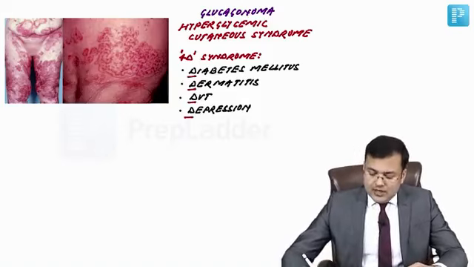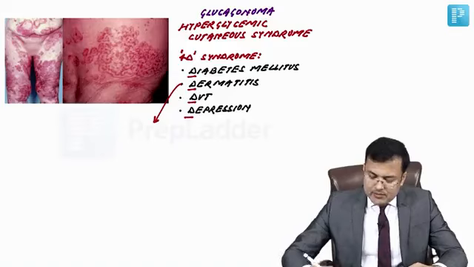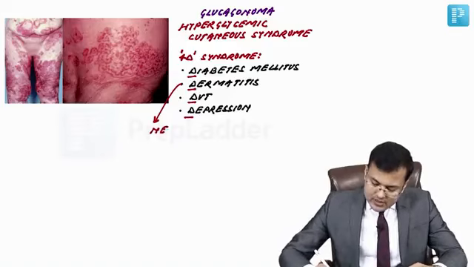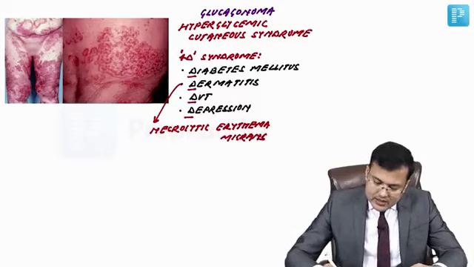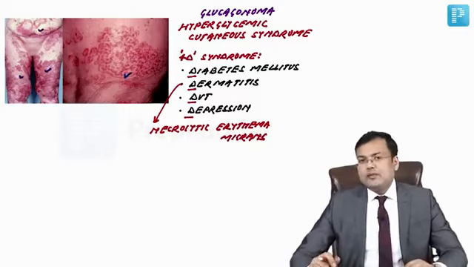Out of these 4D, what is the most common symptom? It is necrolytic erythema migrans. This is the most common symptom. Clear? So this is dermatitis. Here you can see necrolytic erythema migrans.